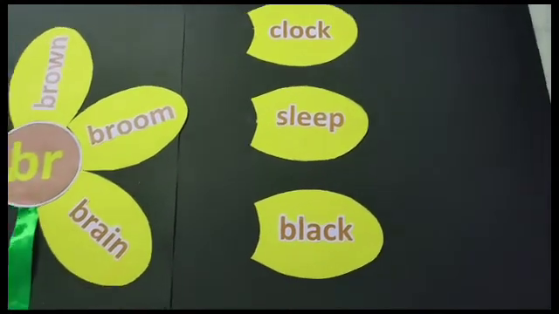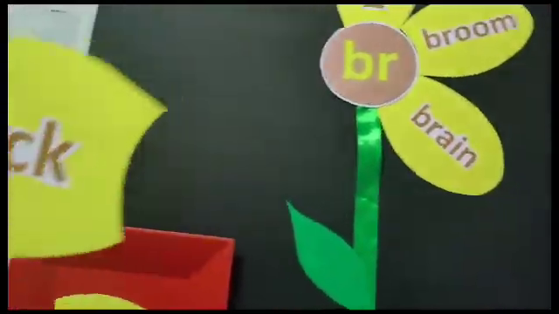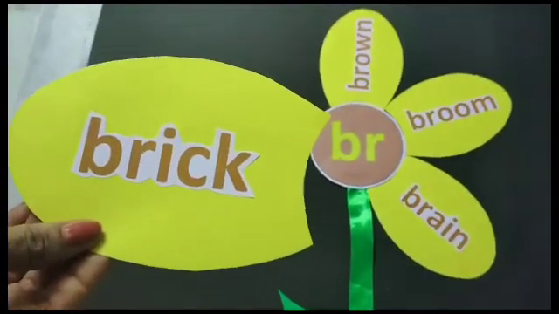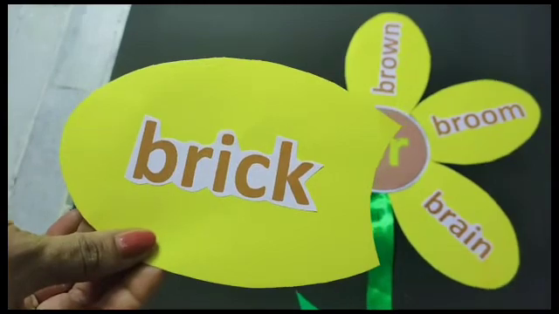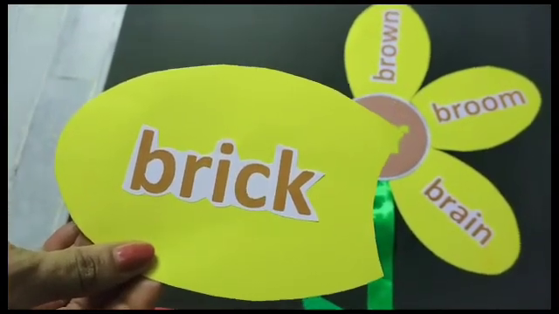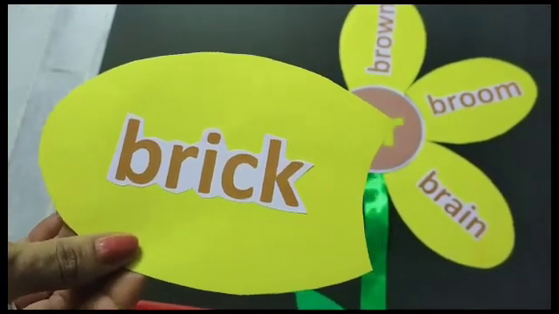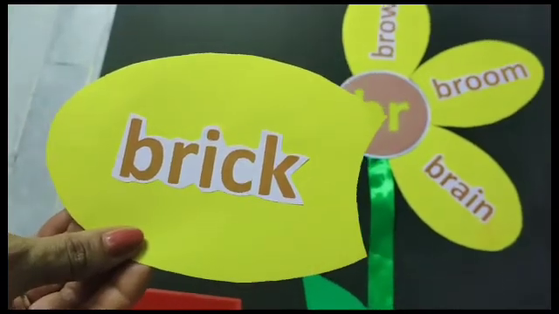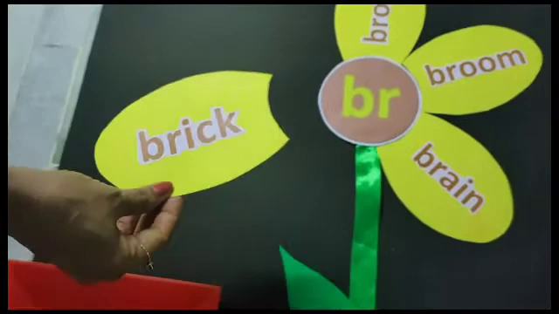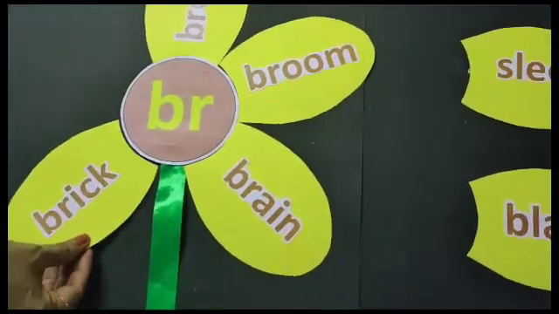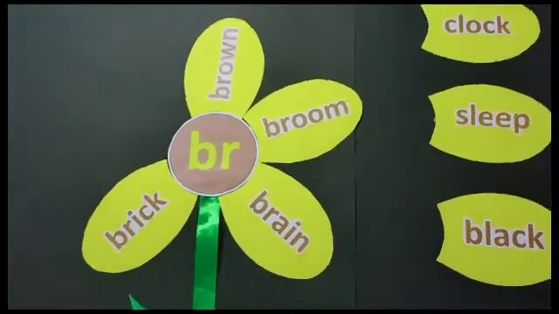Now, what do we have here? This petal has the word brick written on it. Brick. Yes, we can clearly hear the br sound in brick. So again, one more petal for our BR flower.